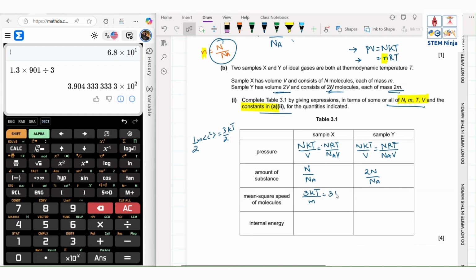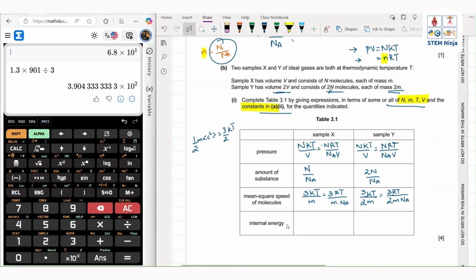So you could say 3RT over m times NA. Again, that's up to you. It's unnecessary, but you can still do that. Similarly, we have twice the mass over here, so we can go 3 over 2 kT divided by m. And similarly, 3 over 2 RT over 2mNA.